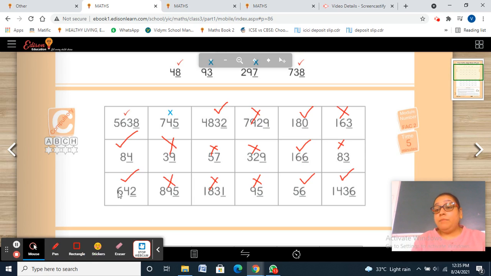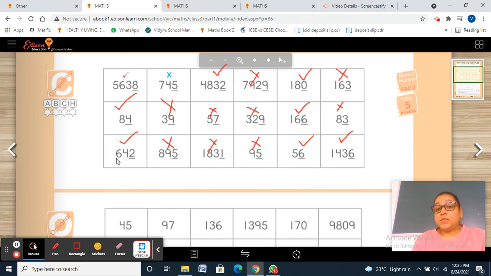Okay, so it is very easy to check the ones place value. If you will not use this trick, you have to do the long method of division, and it will take time.